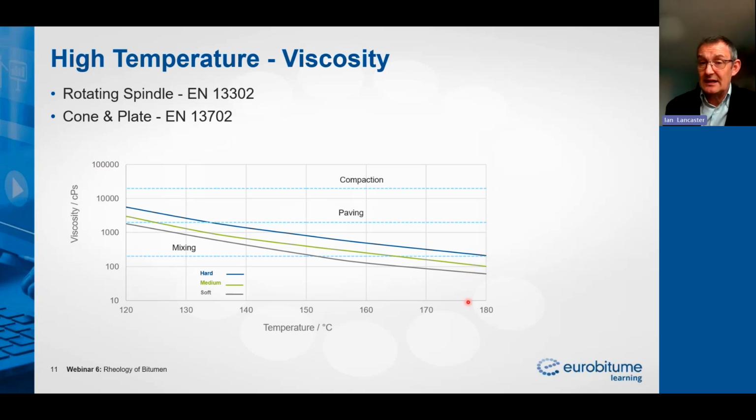And the consequences of that are that the bitumen would then be too low in viscosity, too runny, and it would run off the aggregate. Conversely, if we take our hard bitumen and we try and reduce the mixing temperatures, we see that it will be too high in viscosity, and as a consequence, we won't be able to achieve full coating of the bitumen around the aggregate.